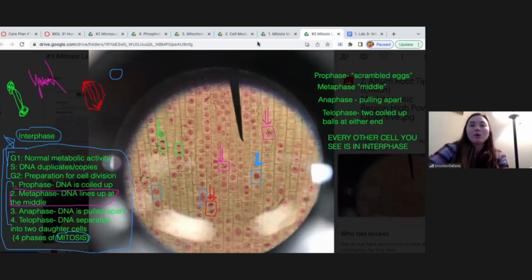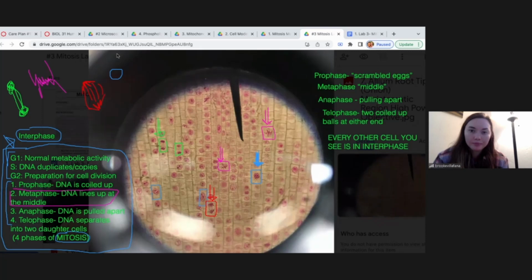There are some of the ones on there that really look probably like they're supposed to be in like prophase, metaphase, anaphase, telophase, but I didn't draw a box around them because they're not clear examples. And like we said, if it's on the exam, you guys are going to get a clear example. So I didn't want to put things that would confuse you. So we can say every other cell you see besides the one that I drew boxes around, those are all in interphase.